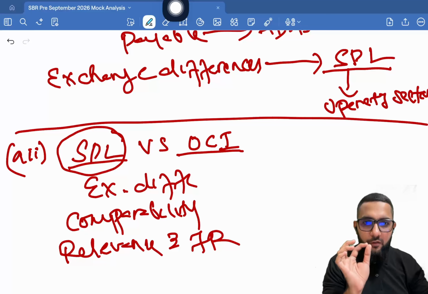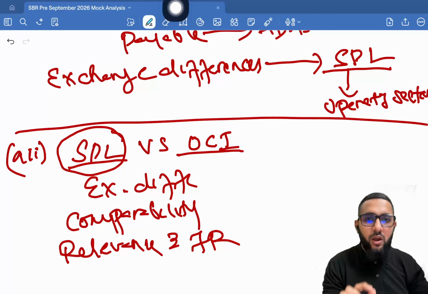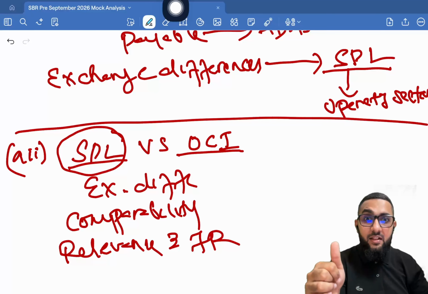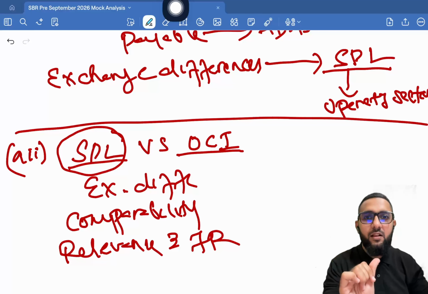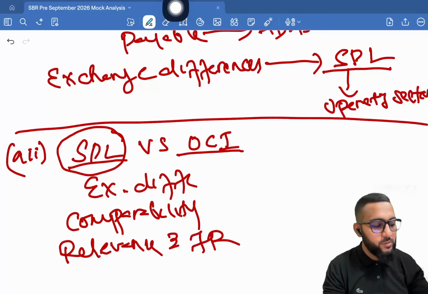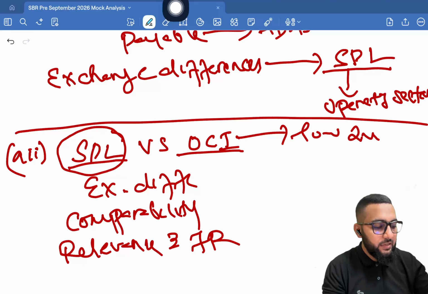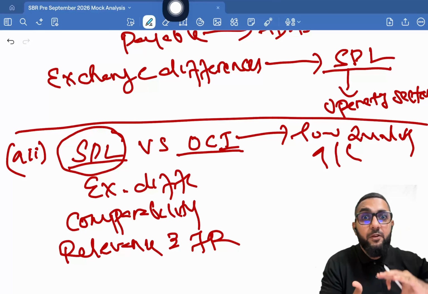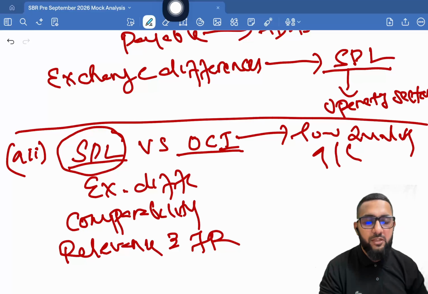Therefore, the conceptual framework requires you to show all the income and expenses in P&L unless it is going to distort the P&L. If it's going to distort the P&L, it will be recorded under OCI. OCI is considered to be a place where low quality gain or loss is going to be recorded, which, if recorded under P&L, would show a distorted picture.